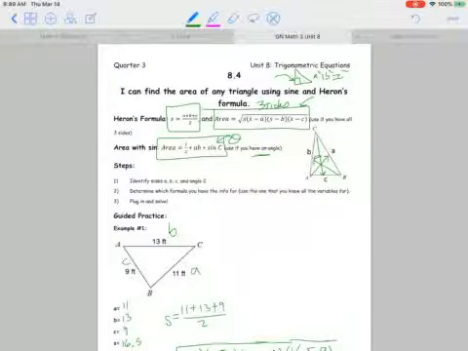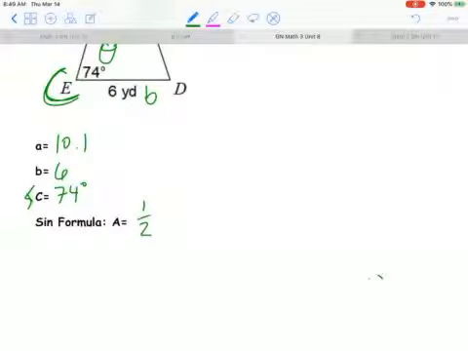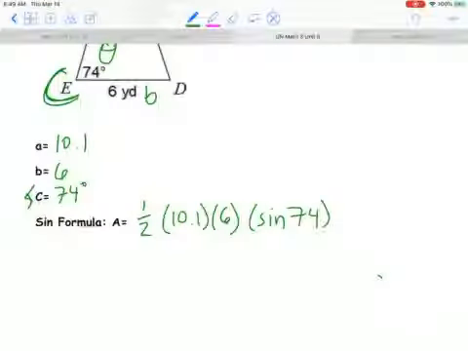And the formula, let's look back, half times AB times sine C. So 1/2 times A times B, so 10.1 times 6 times sine of 74. So you actually do need to use your calculator to get that sine first. And make sure you get the right answer.